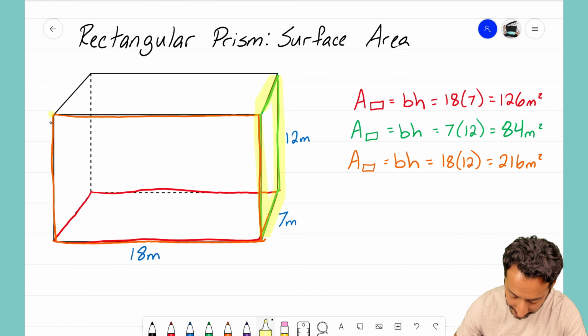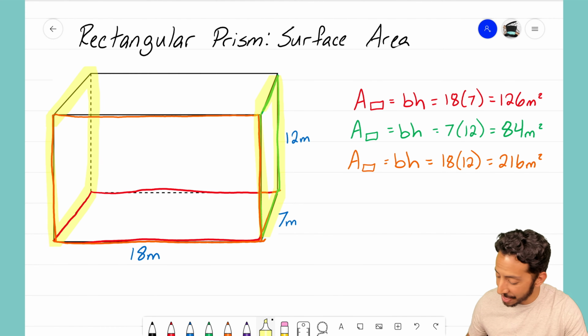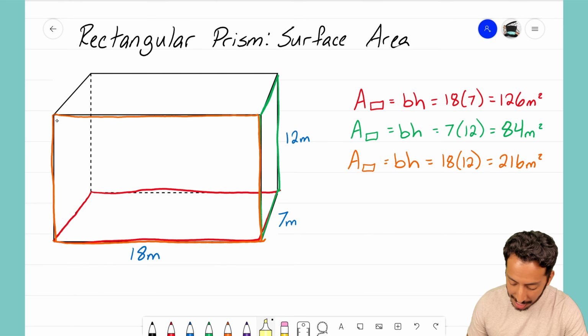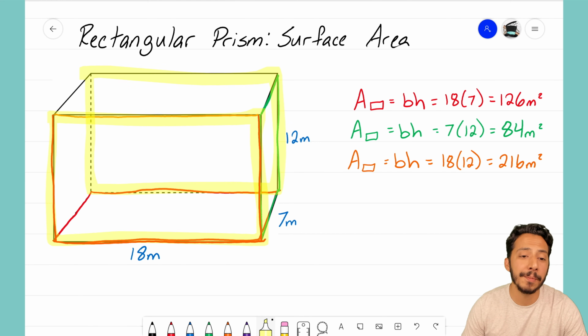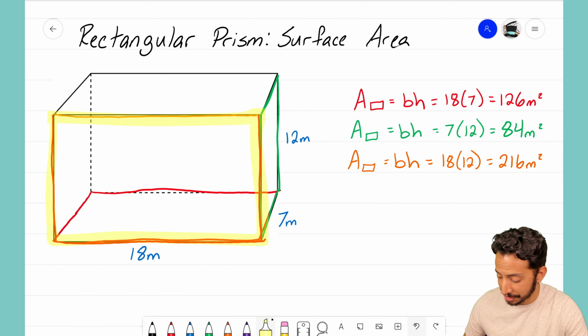Notice that the right side and the left side are going to be the exact same areas because they're using the same numbers. And the same thing can be said about the front side of our rectangular prism and the back side. Again, they're using the same numbers. Why show all of that work when it's not really needed?